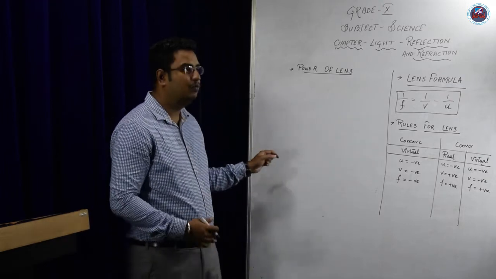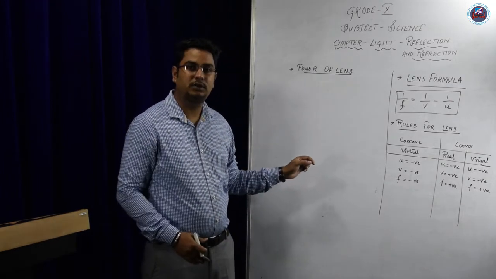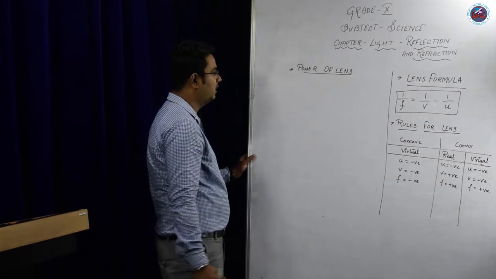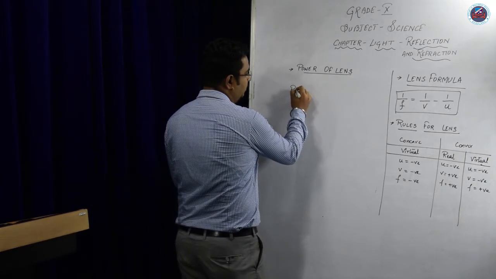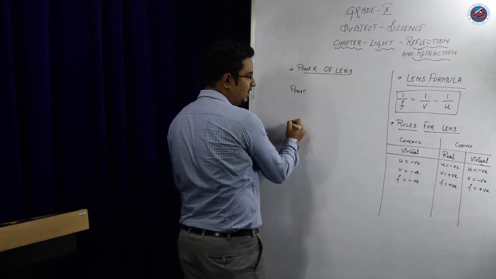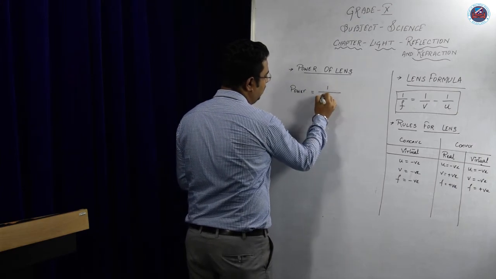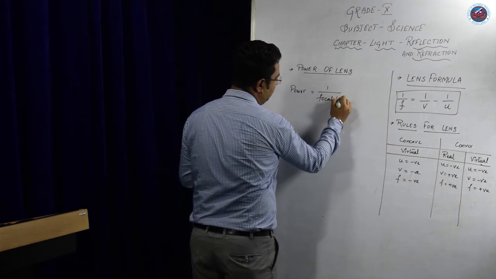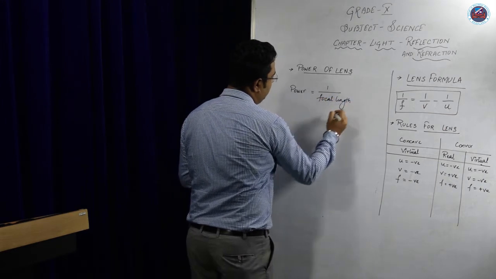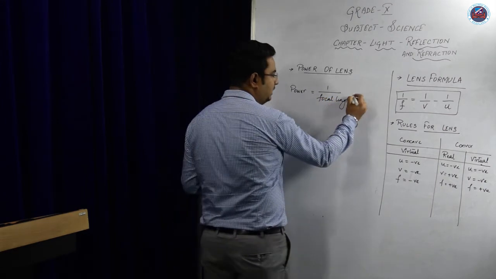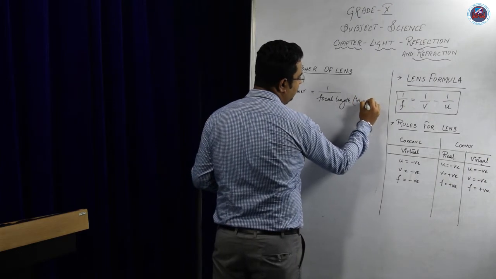Now, how do we detect those powers? There is a simple formula for that. The power of a lens is defined as the reciprocal of the focal length. But the focal length has to be measured in meters.